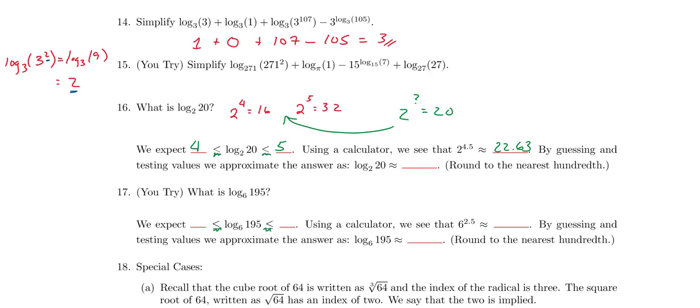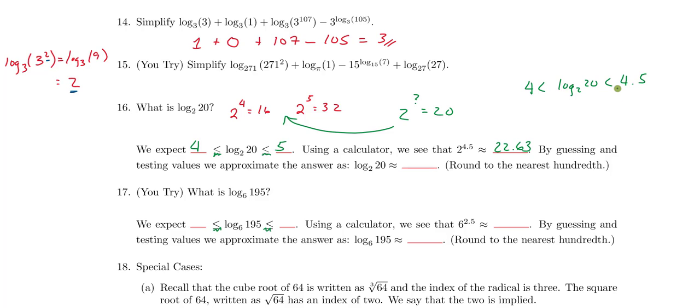So what are we saying here? Well, earlier on we said we expect the log base 2 of 20 to be a number between 4 and 5. Now we can get this a little bit closer. Because this value, 2 to the 4.5, is already bigger than 20, it's 22.63, we expect this answer to be somewhere between 4 and 4.5.